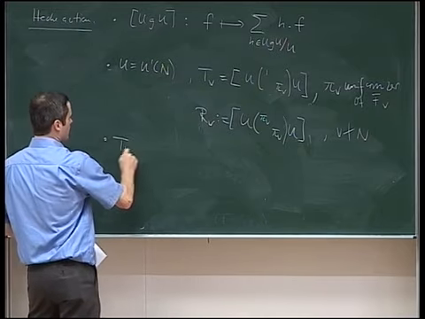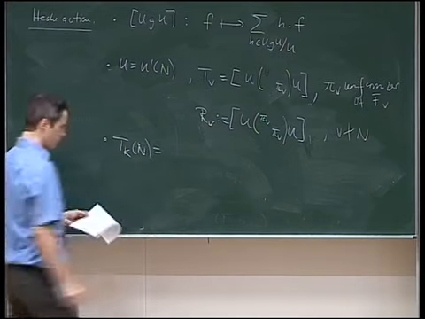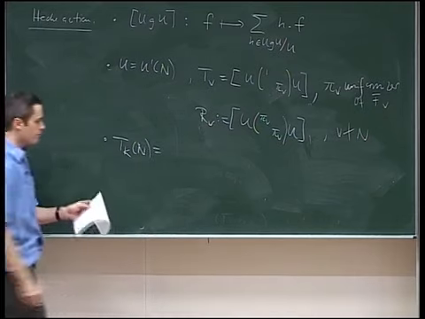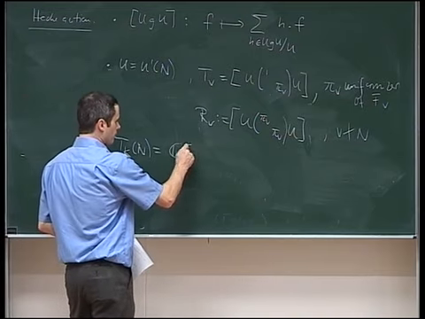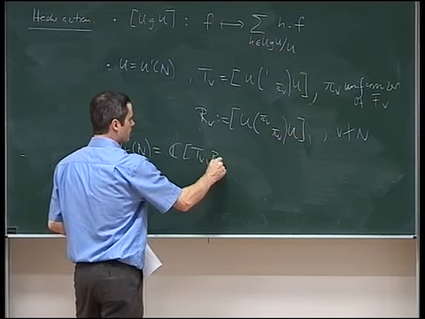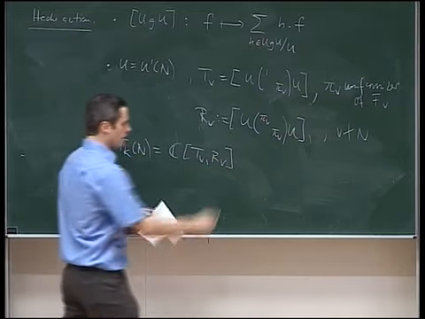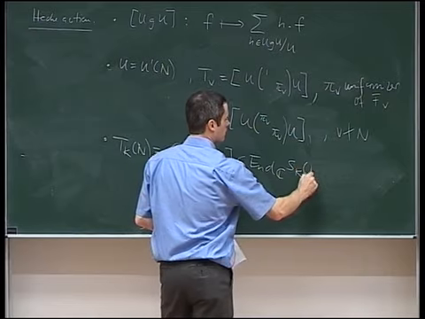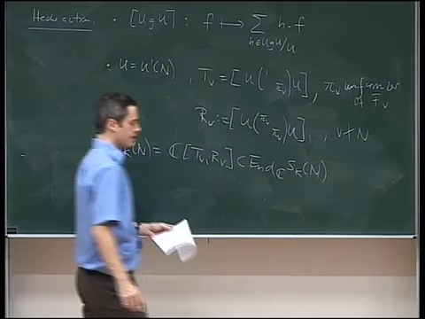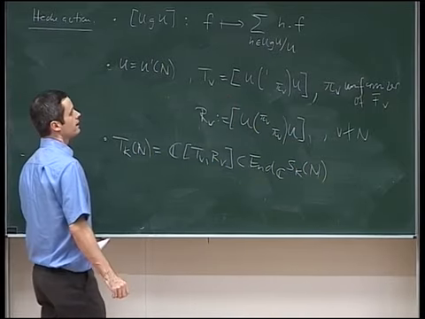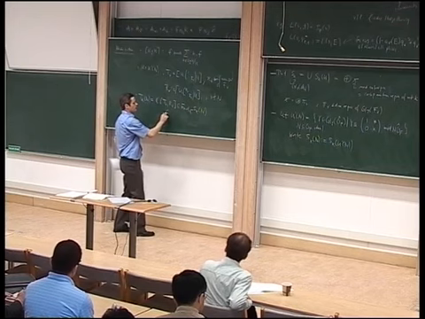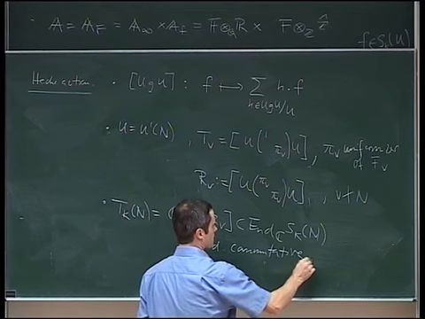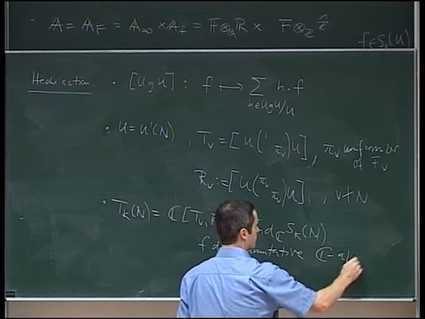And now T_k of n is the so-called Hecke algebra, and I define it as the complex algebra generated by these operators I just defined, acting on the spaces S_k of n. And one can show that this is a finite commutative C-algebra.